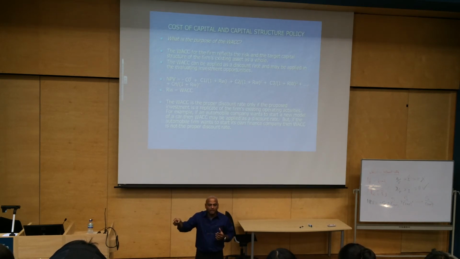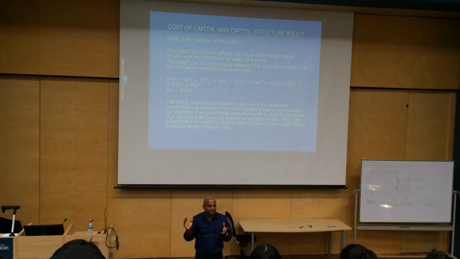Similarly, this guy owns 4 corner shops, 4 Chinese grocery stores. If he wants to open a 5th Chinese grocery store, then he should use the WACC. But if he decides to start a taxi business, then he cannot use the WACC. Why is that?